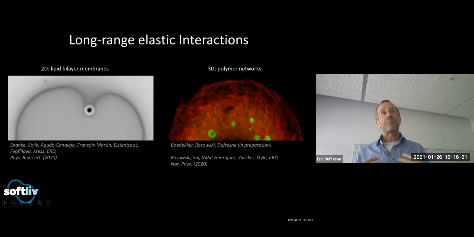And my lab is working on this in two contexts. Today, I'll only tell you about the context on the right, and that's the elasticity coming from a three-dimensional polymer network. We're also doing a lot of work, shown on the left, on two-dimensional lipid bilayer systems and phase separation coupled to a membrane. But today we're going to focus on phase separation inside of a polymer network.